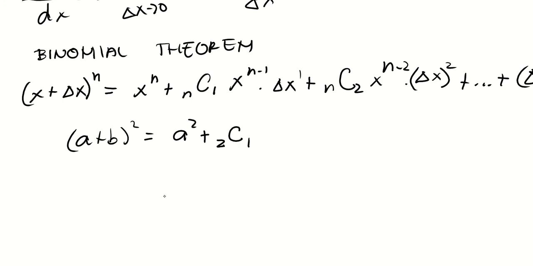Our n is equal to 2. x, our x is a, raised to 2 minus 1, so this is 1, and you multiply it with b raised to 1, then plus 2C2, then you multiply it with a raised to n minus 2, so this is 2 minus 2, then you multiply it with b squared, and that's it.